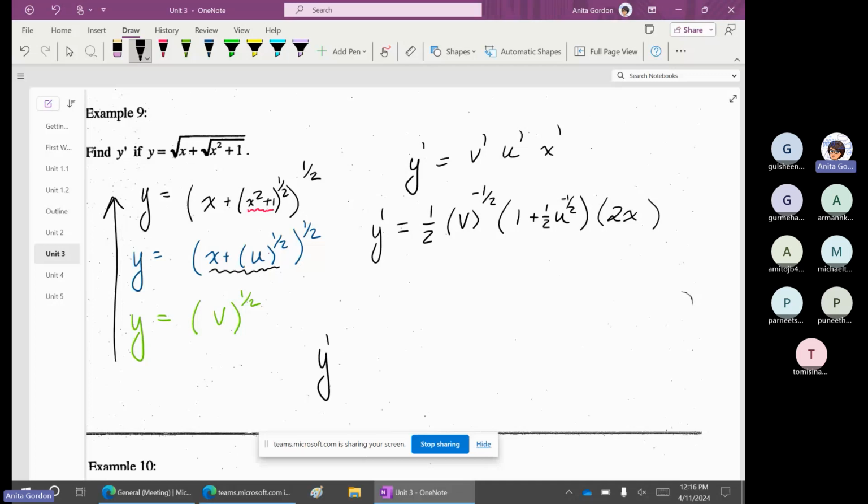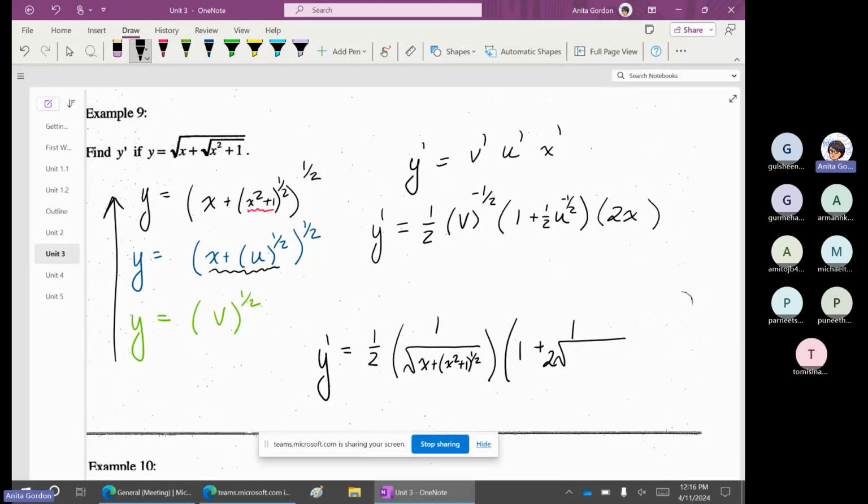So final answer is 1 over 2 times 1 over the square root of x plus x squared plus 1 to the 1/2 times 1 plus 1 over 2.